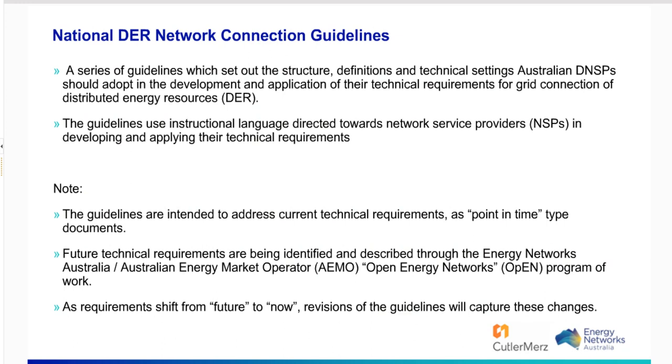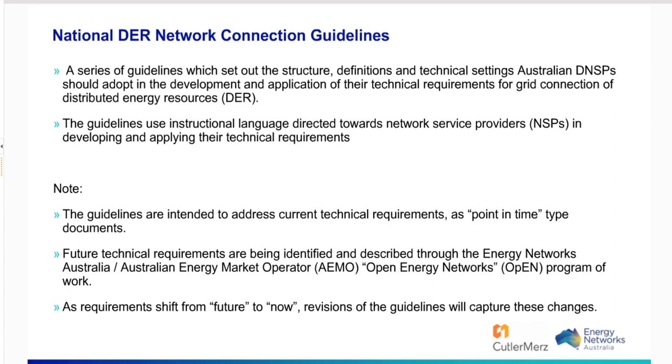So, in terms of the guidelines themselves, this piece of work started around 2 years ago, and came out of the roadmap from our side, as it was seen as a key priority for the industry.